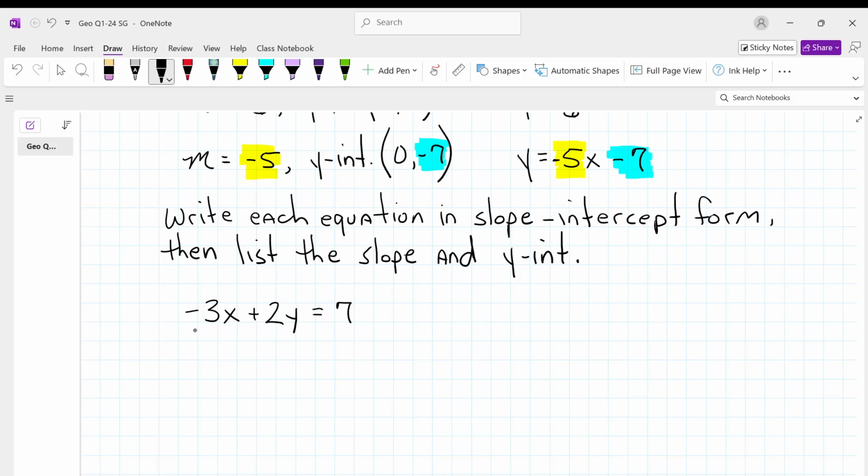So we're going to start off by adding 3x to each side. Now the 2y falls down, and it's equal to, you can't add 7 to 3x because the 7 doesn't have an x after it. But we want the number with the x next to the equal sign. So we've got a 3x here, and this 7 is positive, so we bring down a positive 7.